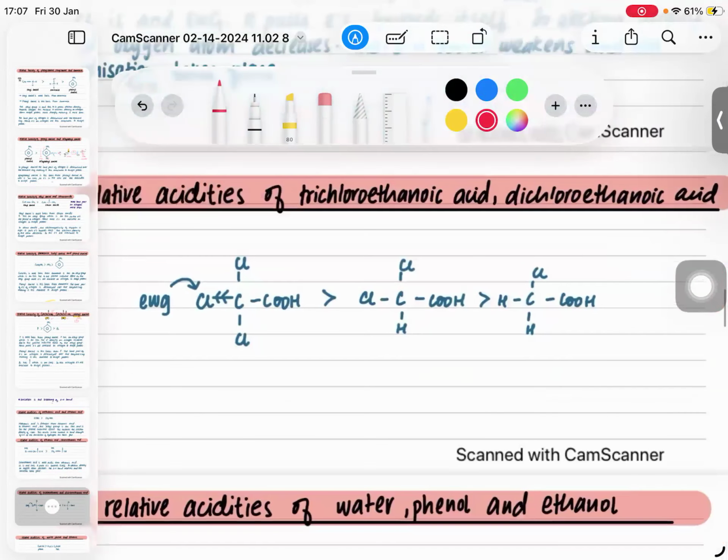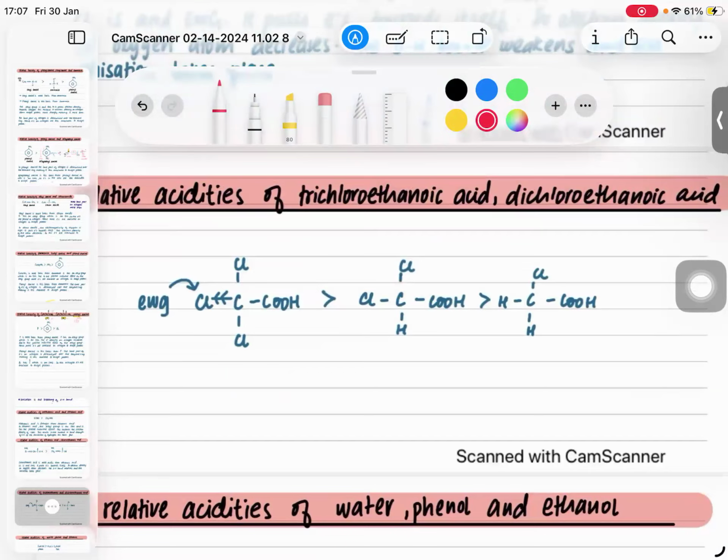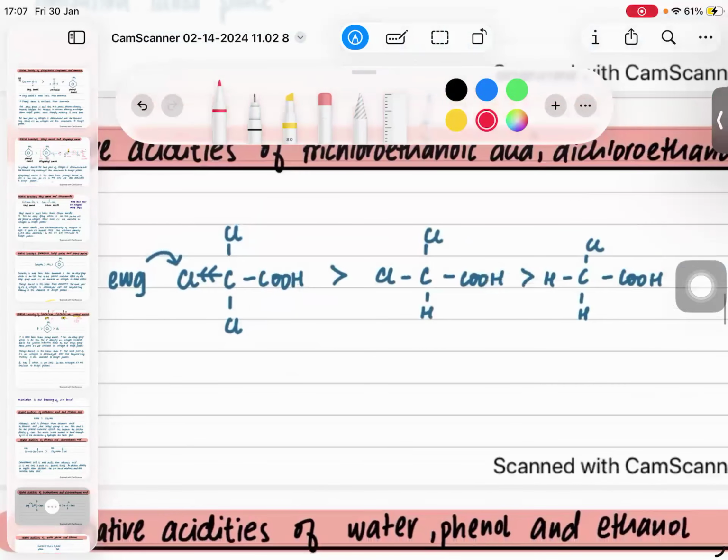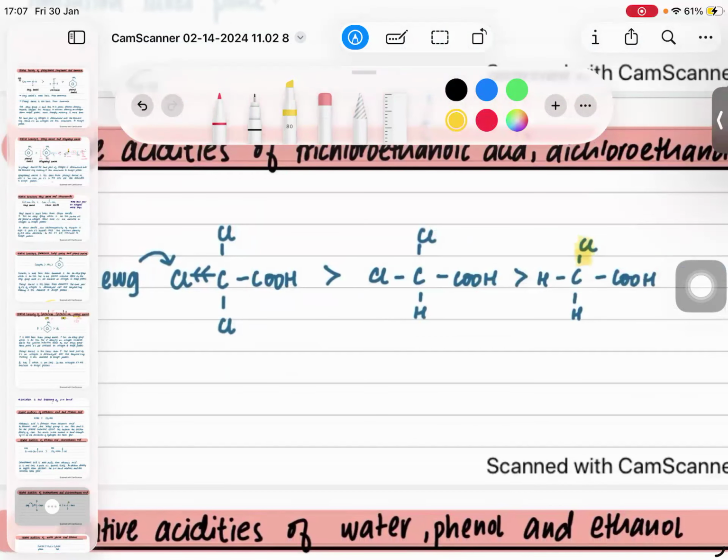Okay, what about this? Relative acidities of trichloro, dichloro, and chloroethanoic acid. Chloro is electron withdrawing. There is 1 chloro, 2 chloro, and here is 3 chloro. Trichloro is most acidic.